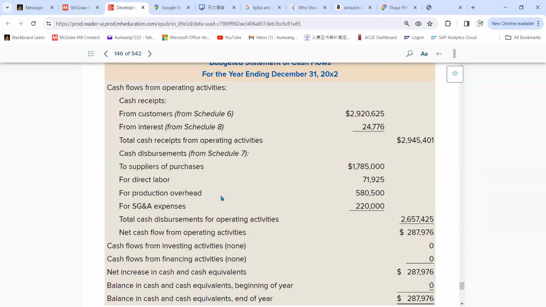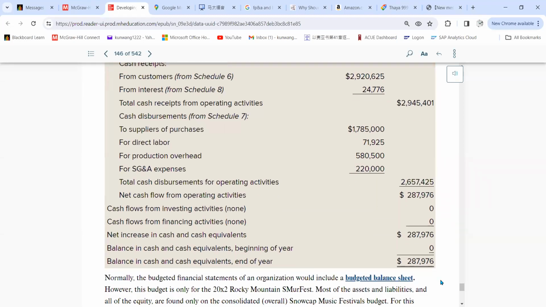For a healthy company, you should get most of the cash flow from your operating activities. And again, you are reorganizing this using your cash information: cash sales, interest cash, then cash spent on purchasing, cash spent on direct labor, overhead cash, and then SG&A expenses cash. And the cash balance here should match with the balance we have in the cash budget.